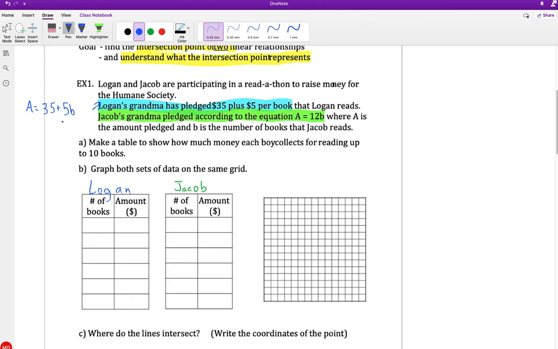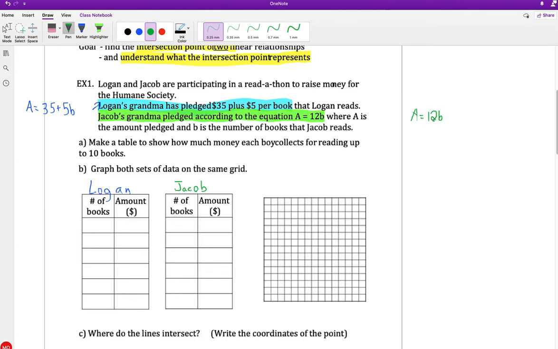So there's our equation for him. Then our equation for Jacob is going to be amount equals 12B.